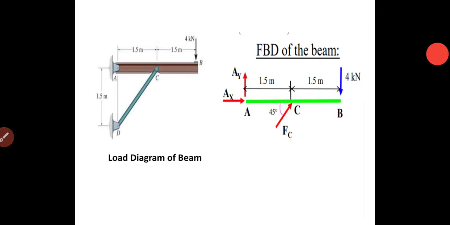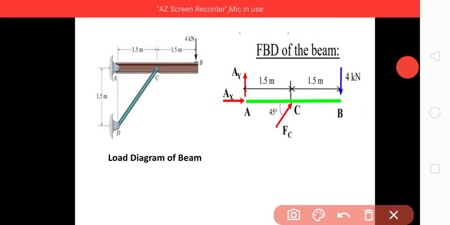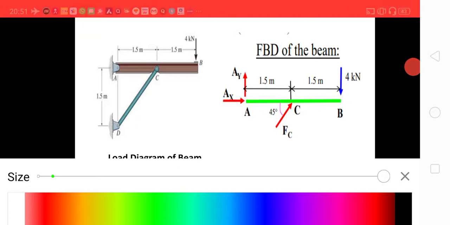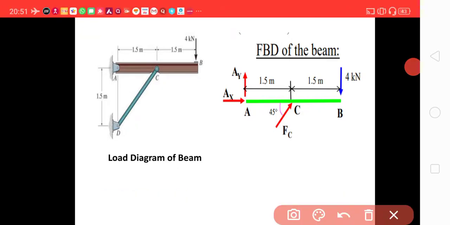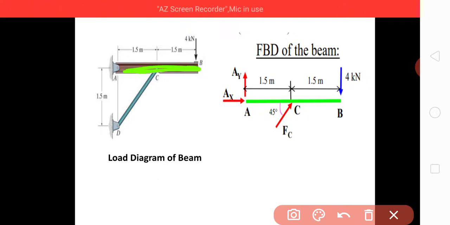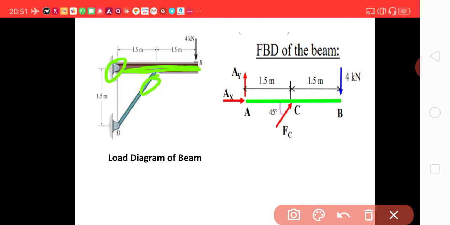Another example, take this. This is the free body diagram for this beam. This is the beam whose free body diagram is to be drawn. What have we done? We have removed this beam from this hinge and from this hinge.